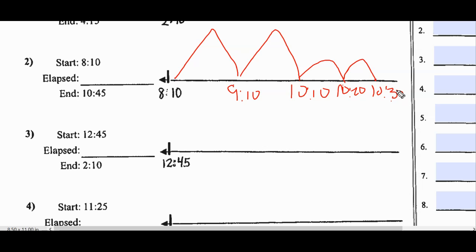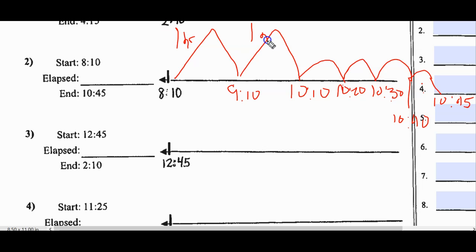Yes, I can. How much would that be? 10:40. Can I do another 10 or another 5? Another 5. Okay, so I'll do a little small one. So this would be right here, 10:40, and right here, that would be 10:45.